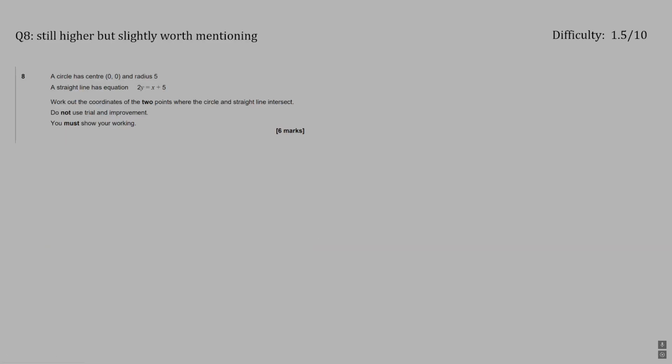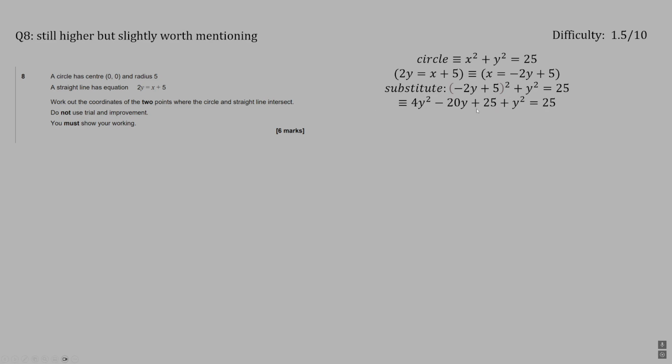Right, so we've got some more higher stuff, but it's 6 marks, so it probably is worth mentioning. The only difficult part that's different to normal maths is finding the equation of the circle, which really is not that difficult. You don't actually need to find it. Then you can just rearrange this one, substitute it into the circle equation, expand the bracket, simplify, divide by 5, factorize y out, get your y's, get back to this equation.